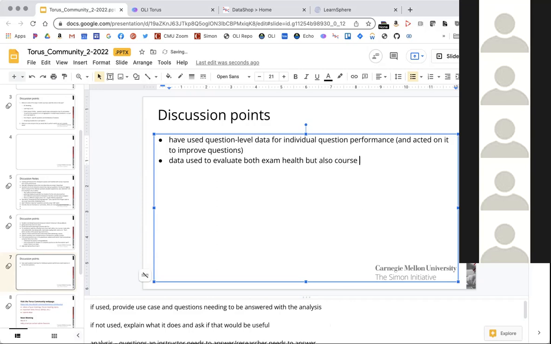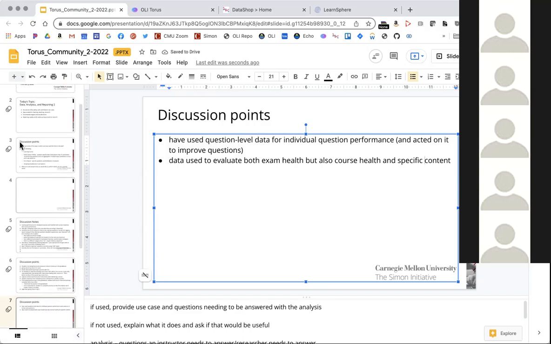I think that's kind of a given, but I like to capture even the assumptions we make with this stuff. Course health, content, specific content. Okay.